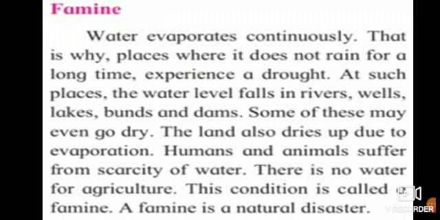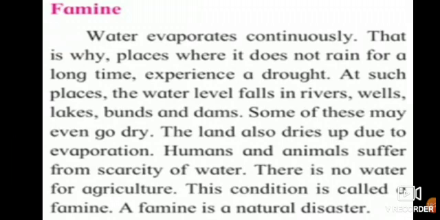So water evaporates continuously. That is why places where it does not rain for a long time experience a drought. This land becomes infertile. At such places, the water level falls in rivers, wells, lakes, bunds and dams.